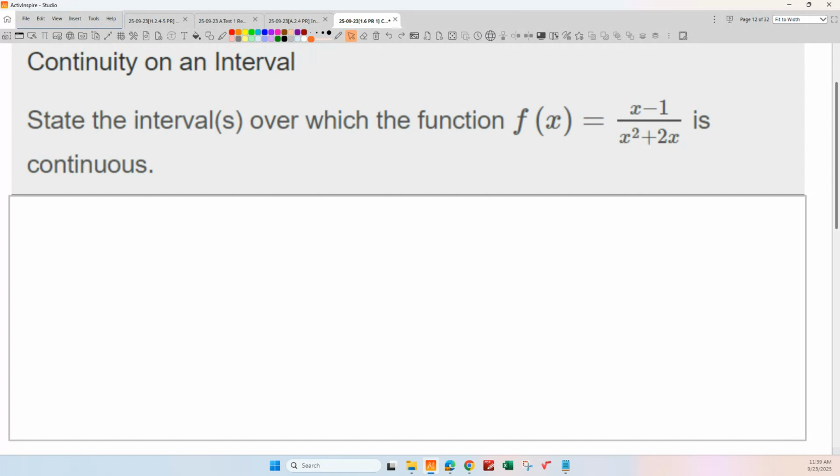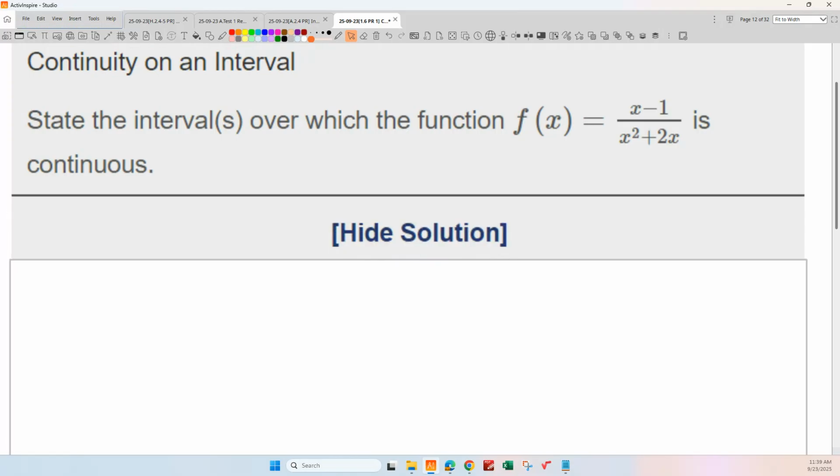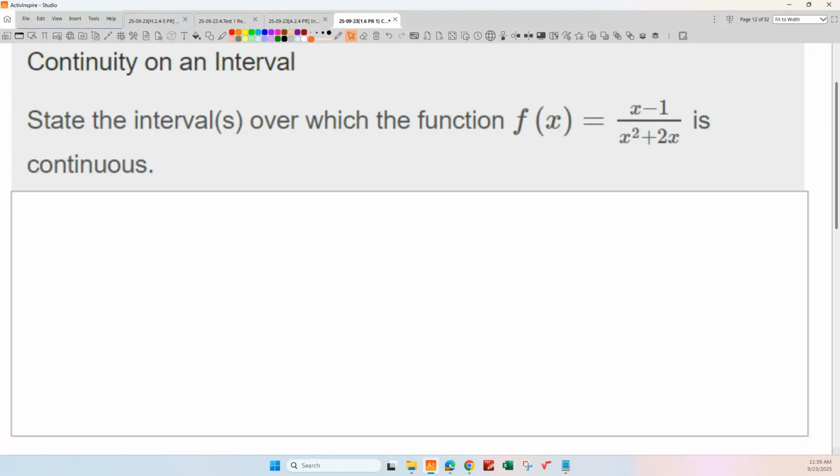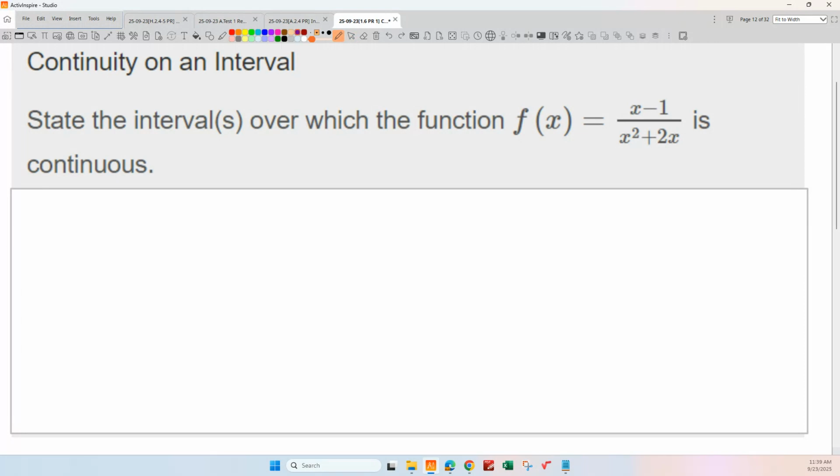So on this one right here, what would I have to do to determine where this one's discontinuous? It's a rational function. Zeros at the bottom. So I probably want to factor it, right? So f of x equals x minus 1 over x times x plus 2.